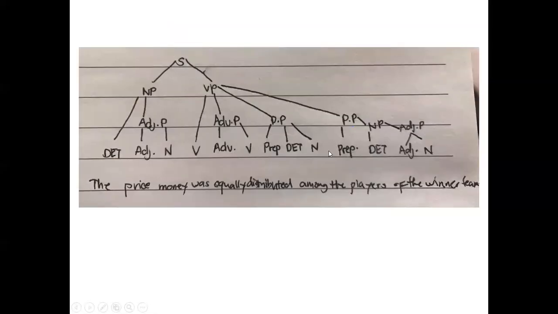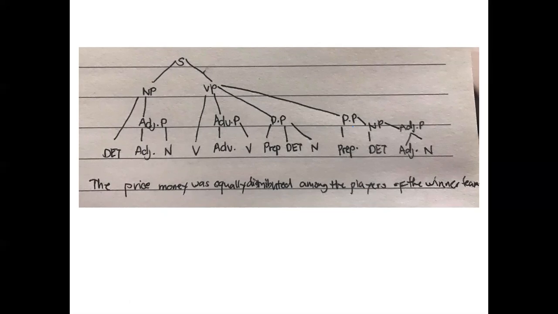Next, I think this is the last one. We have the sentence. Below sentence are noun phrase and verb phrase, and the prize money is the only noun phrase we got, because was is actually the verb itself, and that is the start of our verb phrase.